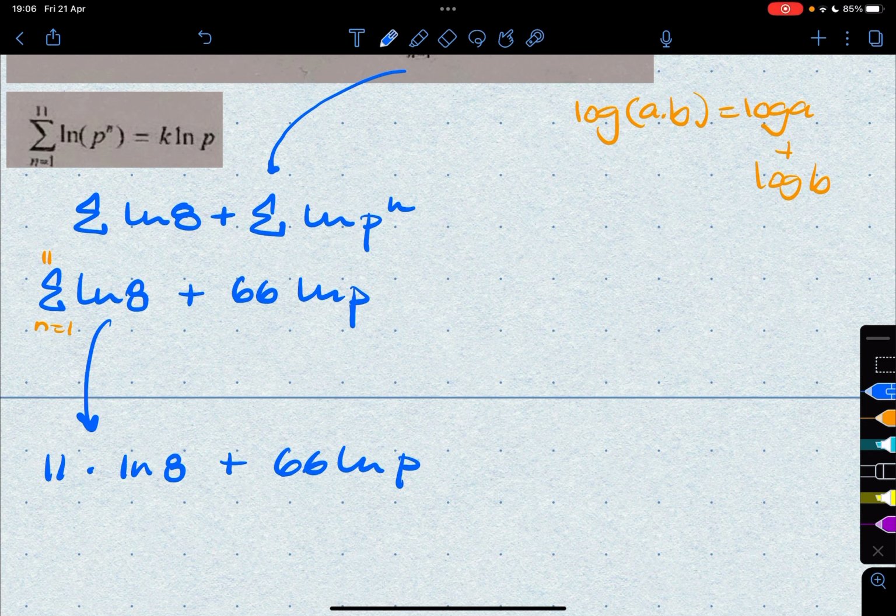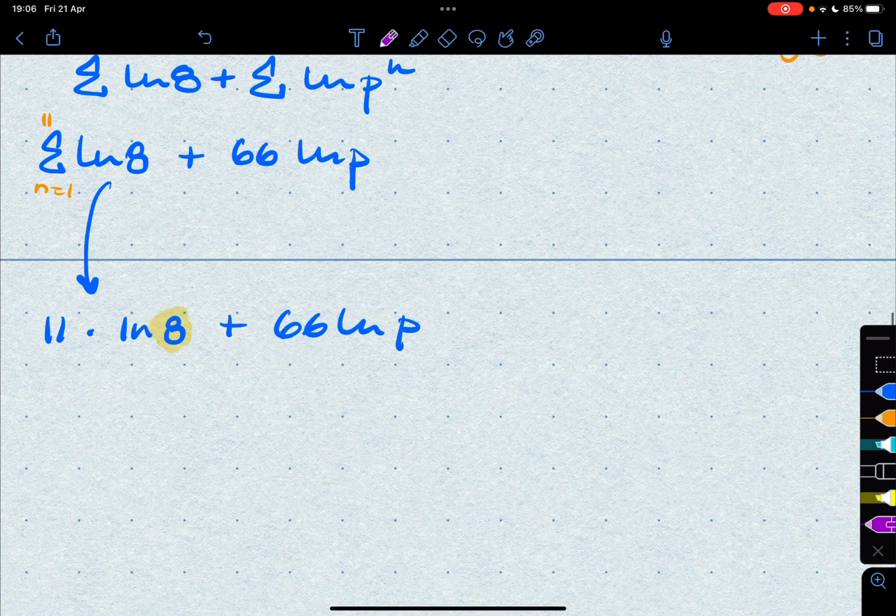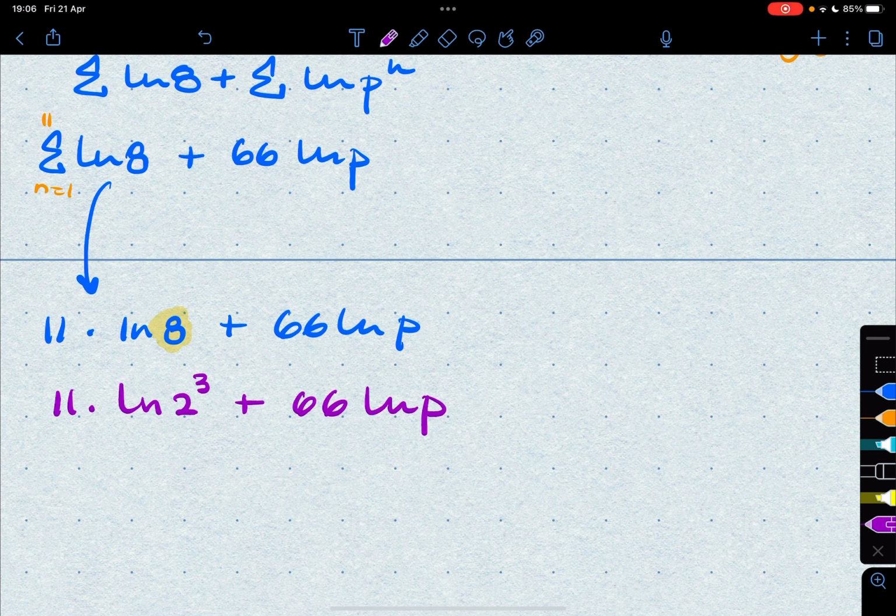So if you, as I said, replace log 8 with log 2 cubed, you can then multiply this by the coefficient. So you've got 33 log 2 plus 33 times 2 log p.